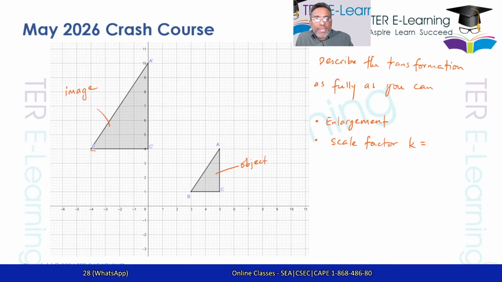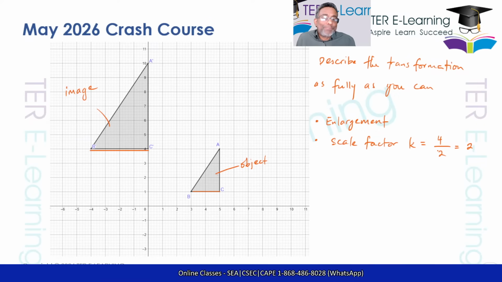For example, this length here on your image is 4 units, and you measure that same corresponding length on your object, which is 2 units. So 4 divided by 2, the scale factor is 2. It means that my lengths are increasing by a factor of 2.